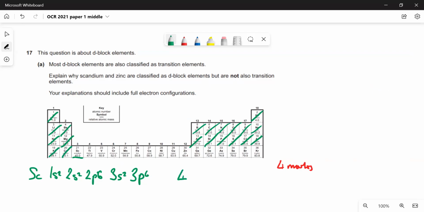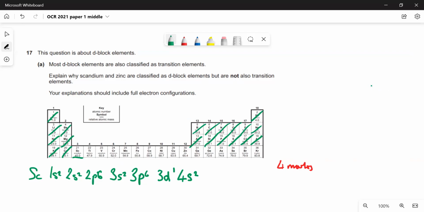Of course, 3d is slightly lower energy, so that goes there. We've got 1 in 3d. So why is it classified as a D block element? Well, because the last electrons to be filled are in 3d.